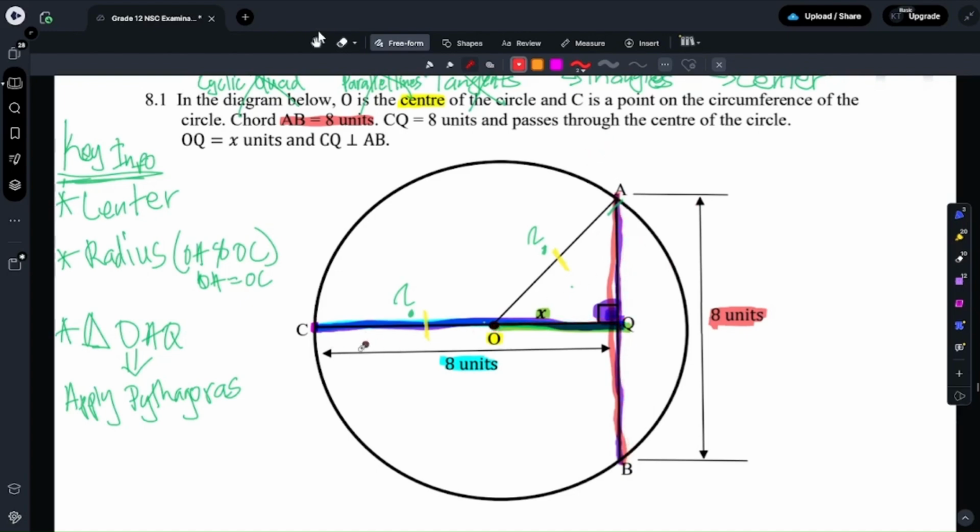So if you've got a line that is drawn from the center of the circle, and that line is perpendicular to the chord, in this case AB, that means that line is a perpendicular bisector of this chord. So what do we mean by bisect? It cuts the chord AB, in this case, into two equal lengths.